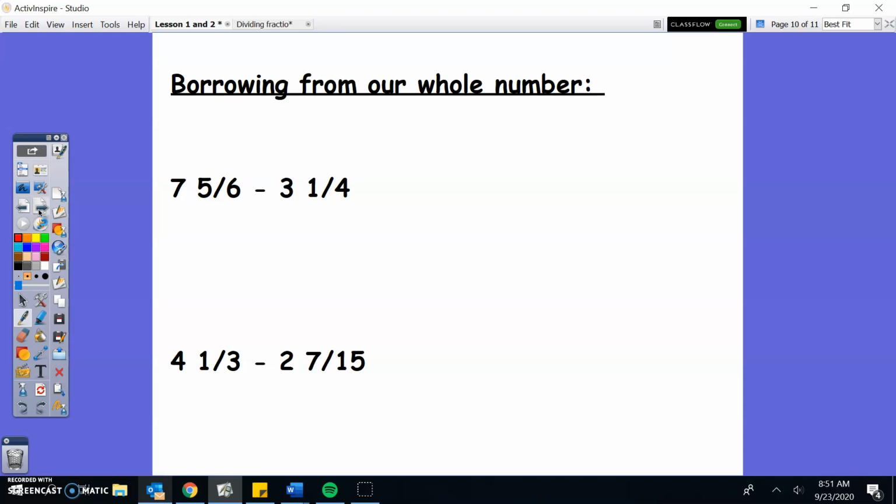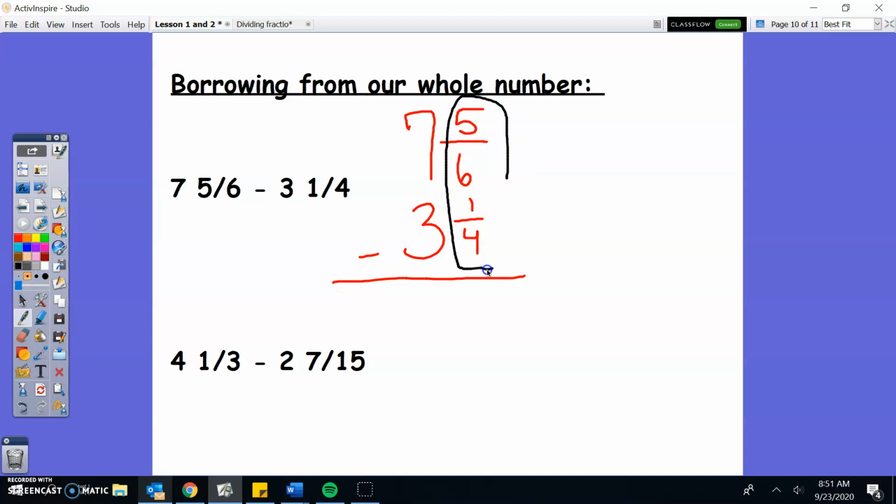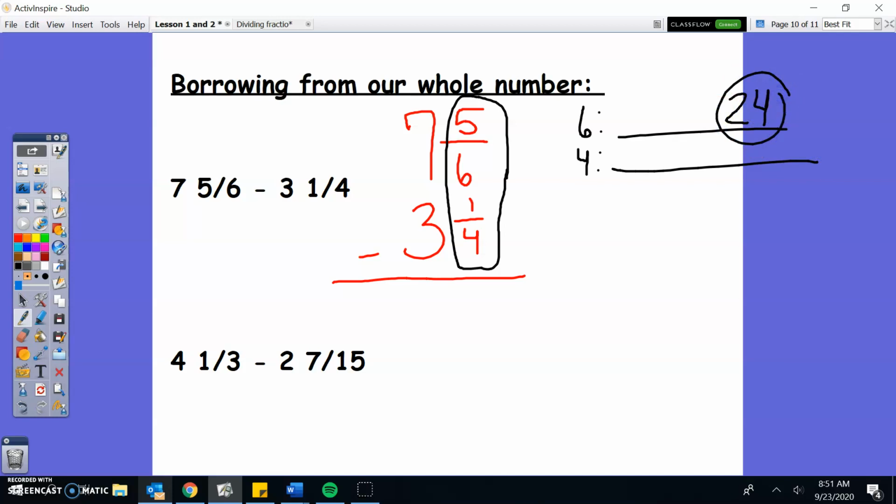Alrighty. Now, sometimes with subtracting, you may have to actually borrow. It may not subtract so nicely. So let me show you how we would do that. I would take 7 5/6 and set it up like normal. I would focus on my fractions first. My denominators are unhappy, so I need to find my common denominator. If I listed all of my numbers, I would find that 24 is my common denominator.